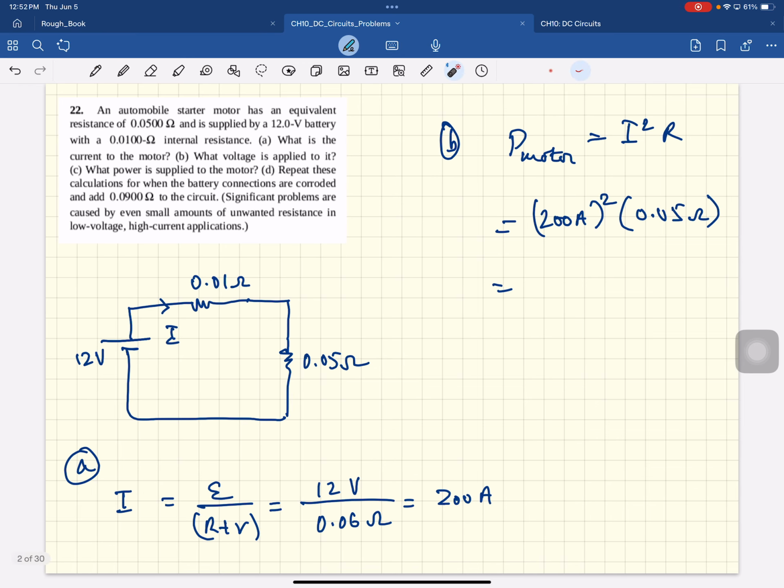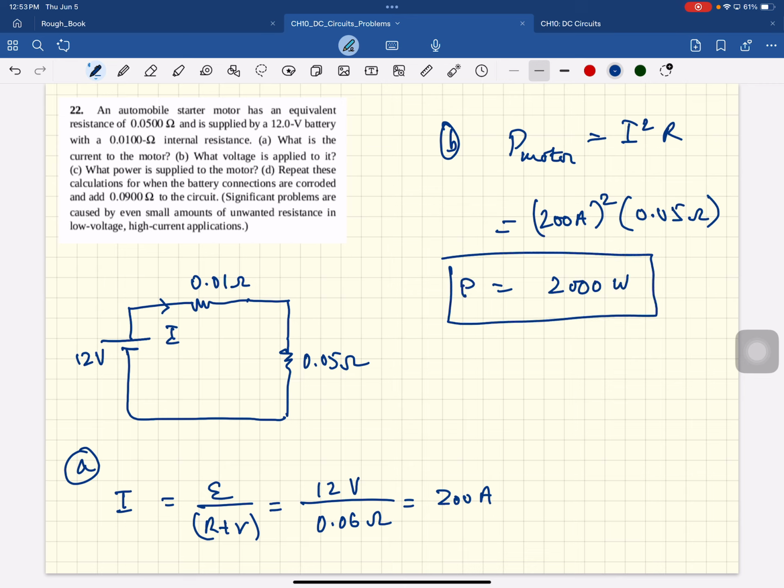And that's 10, and 10 times that, 2000 watts. So then they ask, what is the voltage applied to it? Okay, so this is C.